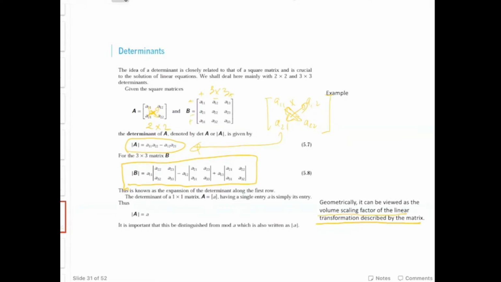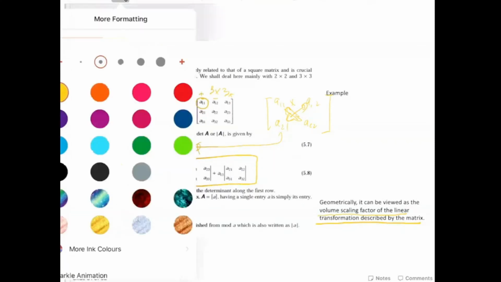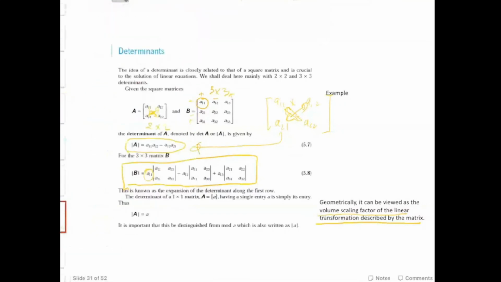So we take A11 here, and then we do the multiplication by keeping this one away, and then do the multiplication here, which is given here.